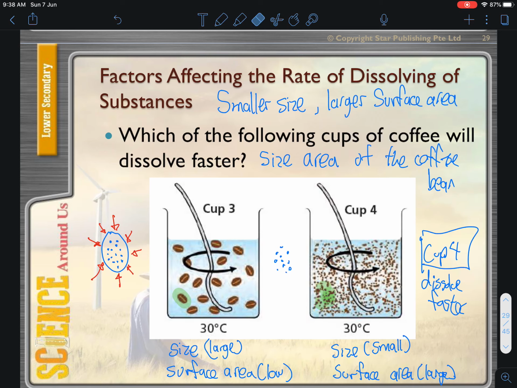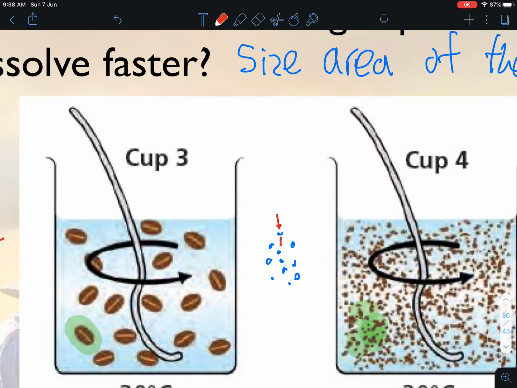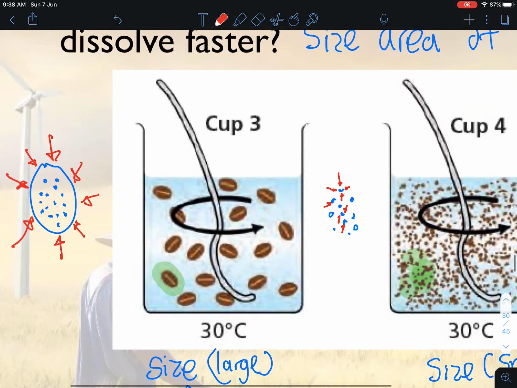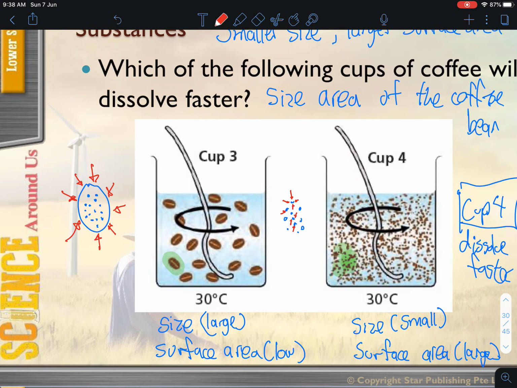Do you see that now the surface area of exposure is a lot more? The water can actually interact with even the inside particles, and this helps to increase the rate of dissolving. So imagine your clothes.